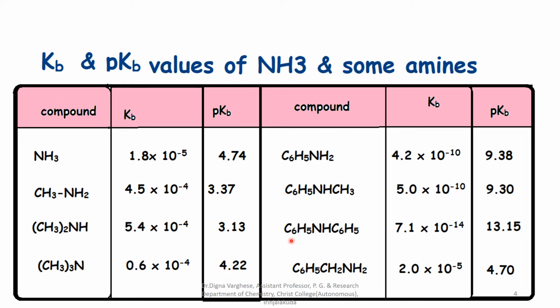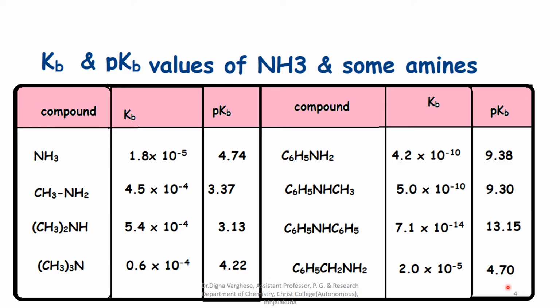N-phenyl aniline has a Kb of 7.1 times 10 raised to minus 14, and its pKb value is 13.15. Benzylamine has a Kb value of 2.0 times 10 raised to minus 5, and its pKb value is 4.70.